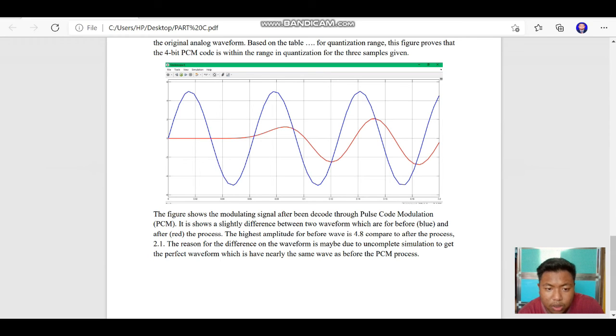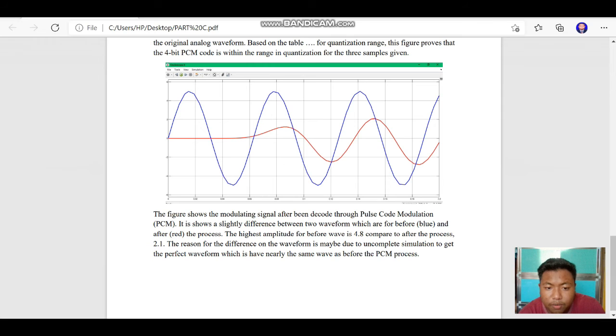It shows a slight difference between the two waveforms, where for before we have the blue waveform, and for after the process we have the red color. The highest amplitude for the before wave is 4.8 compared to after the process, which is 2.1 for the highest amplitude.